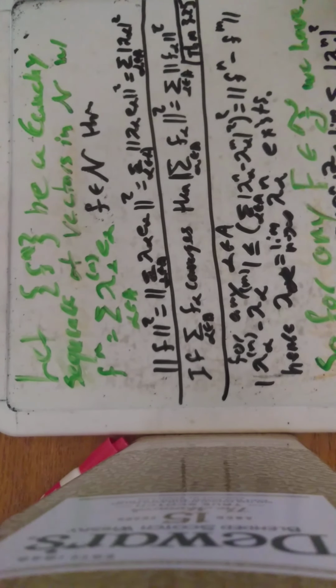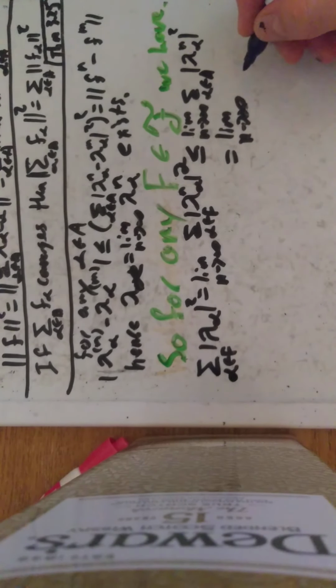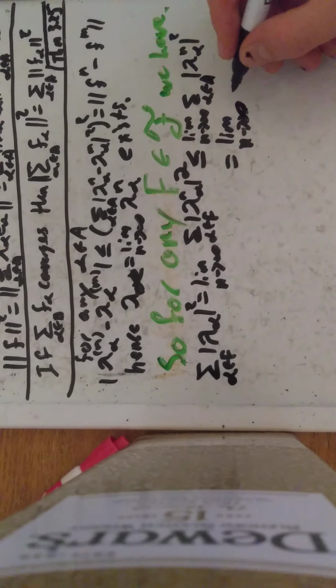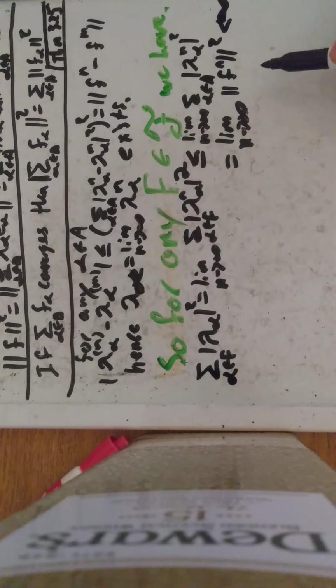But this is equal to the limit as n goes off to infinity of the norm of F_n squared, which we know to be finite because we know that F_n is Cauchy.